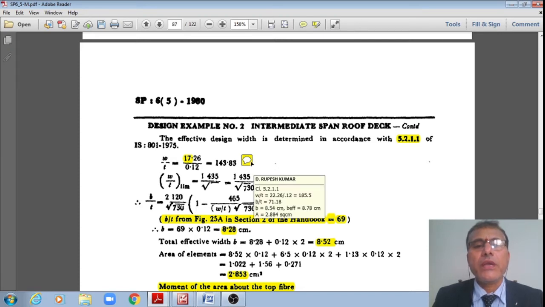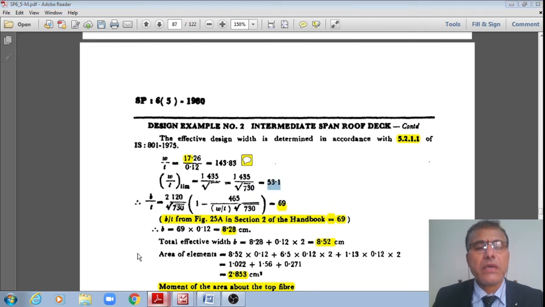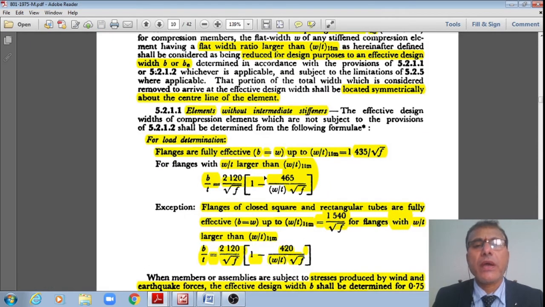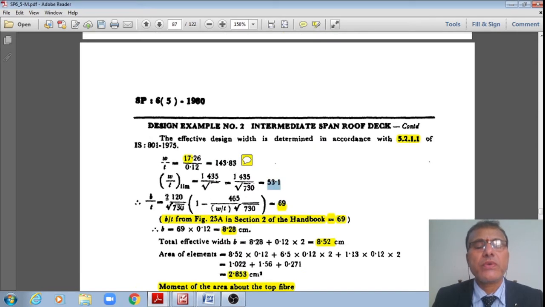Therefore, I need to use the other formula, as we have seen here. The limit is not satisfied. Therefore, w by t is larger than w by t limit, so b by t is given by 2120 divided by square root of f, times 1 minus 465 divided by w by t square root of f. Using that, I am substituting here, student: 2120 divided by square root of 230, times 1 minus 435 divided by w by t, where w by t is this value of 185.5.